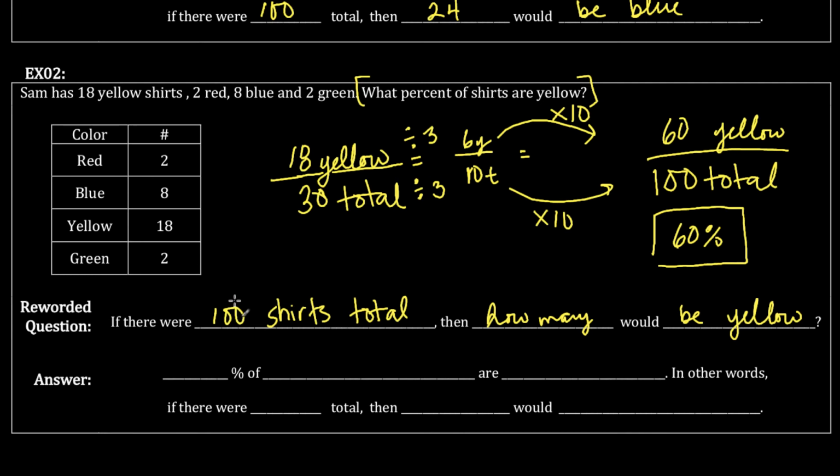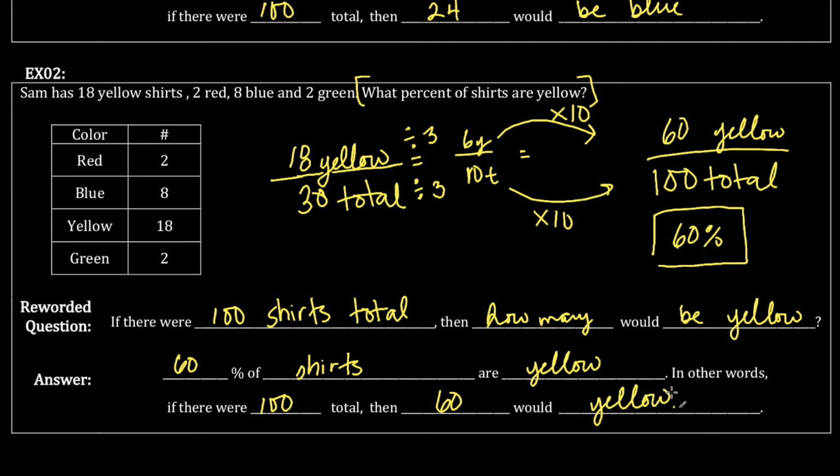So 60% of shirts are yellow. In other words, if there were 100 total shirts, then 60 would be yellow.